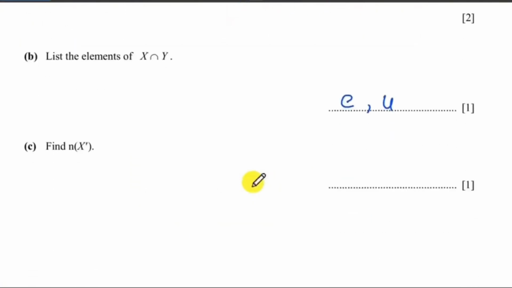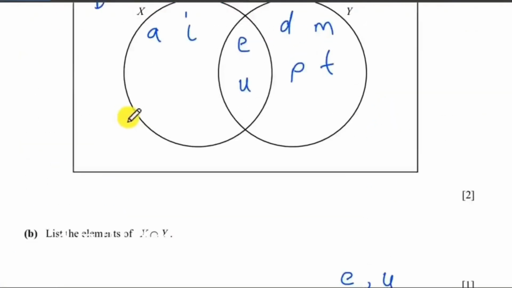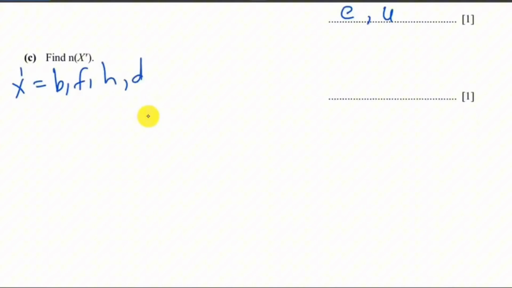What else do we have? d, m, p, t. So now we need to just count: 1, 2, 3, 4, 5, 6, 7. The number of elements is 7.